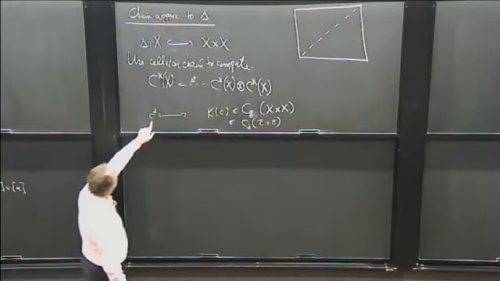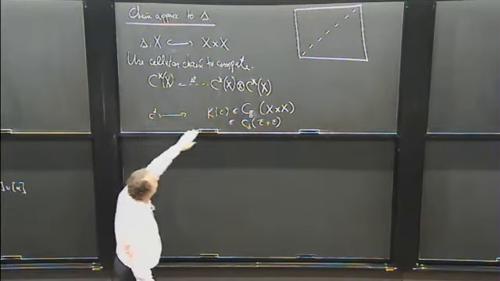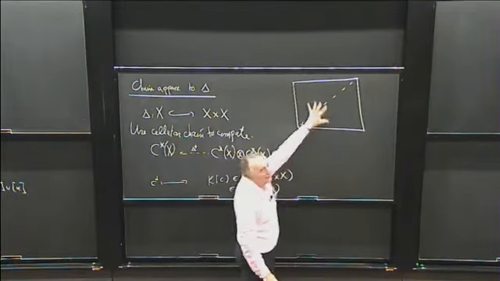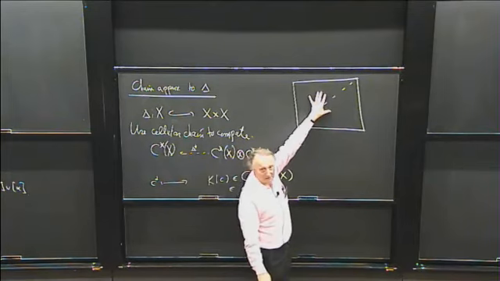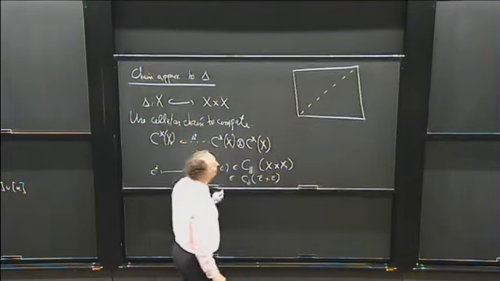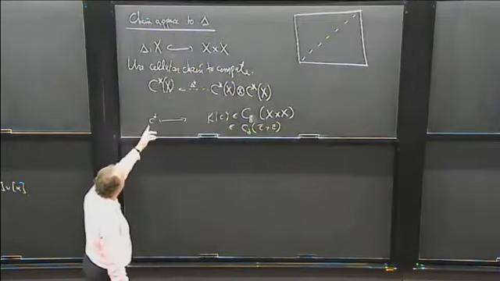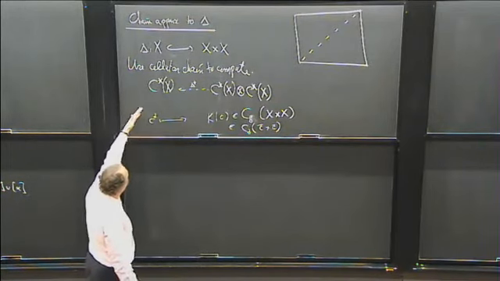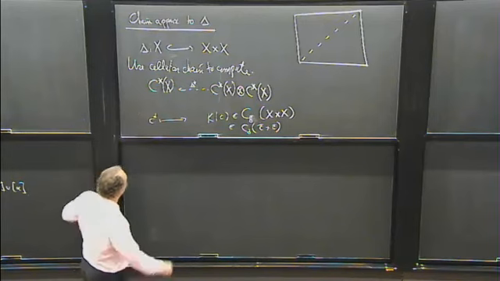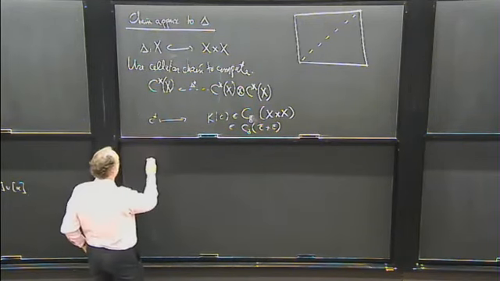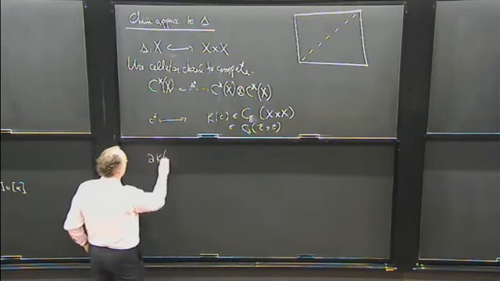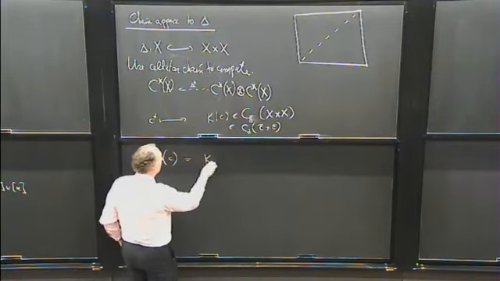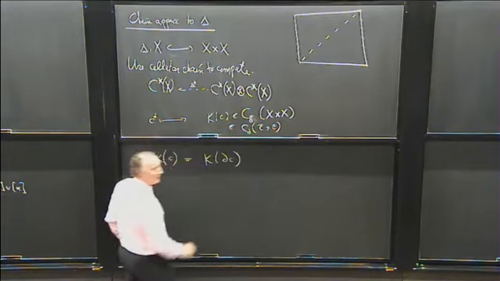So I want to associate to each cell, like this one cell, a linear combination of one cells in this square. Okay? And they have to be consistent with the boundary. Once I associate something to each cell, since I know the boundary of a cell is a sum of lower dimensional cells, it makes sense to write down the equation: the boundary of the element associated to a cell C is the linear combination of things associated to the boundary.